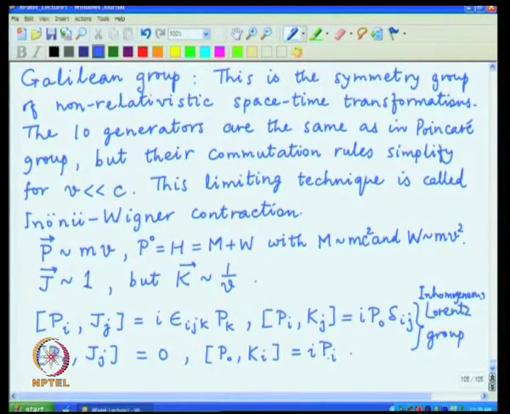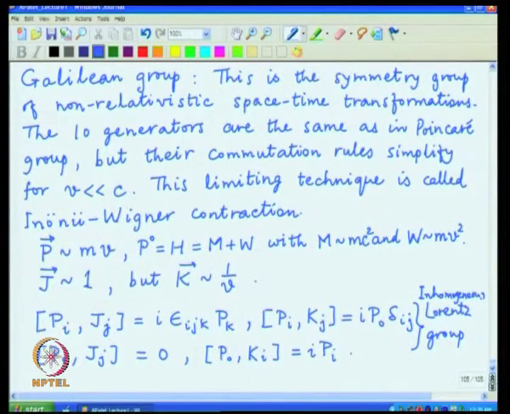The same way, the second relation: p 0 is order 1 and k is now order 1 over v, and one has to see what now is going to happen to this commutation rule to become consistent. And what happens is, there is a leading term in p 0, which is the rest mass term, that actually commutes with everything, it is just a constant.